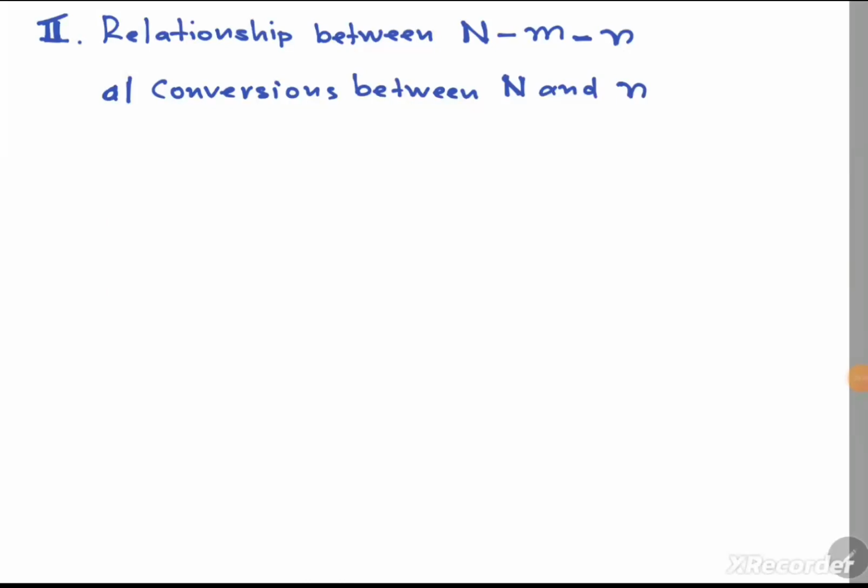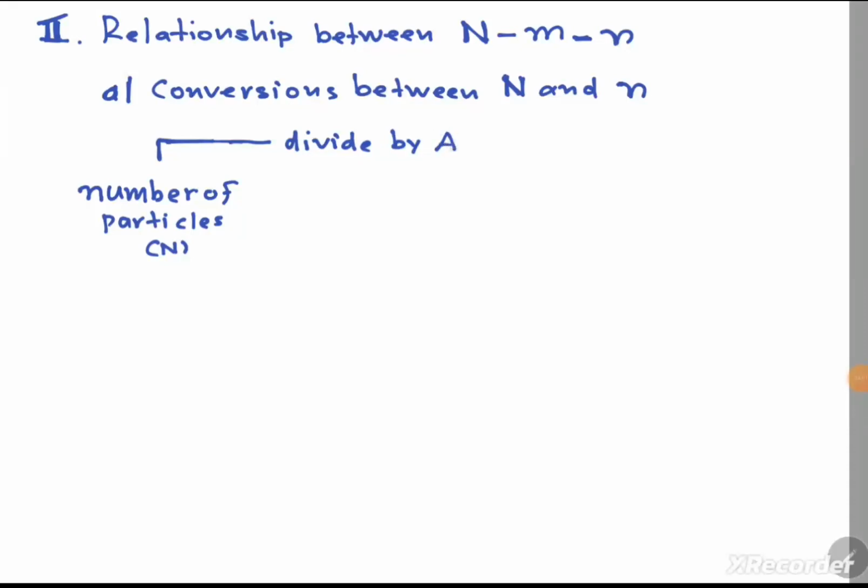So from the number of particles, if we divide by the Avogadro constant L, we'll calculate the number of mole.